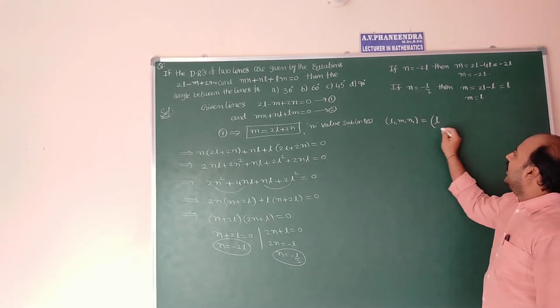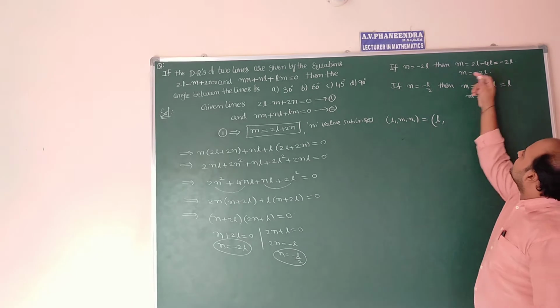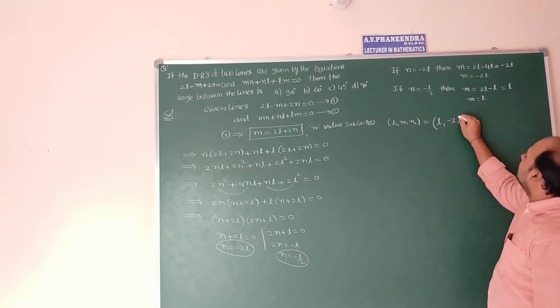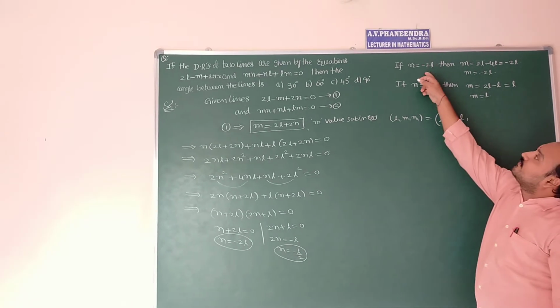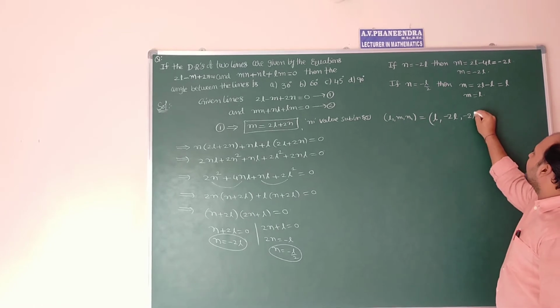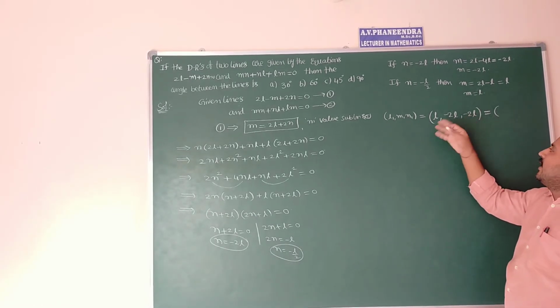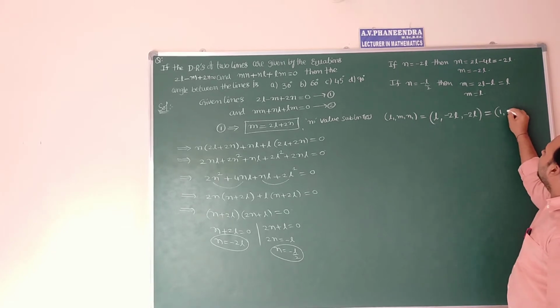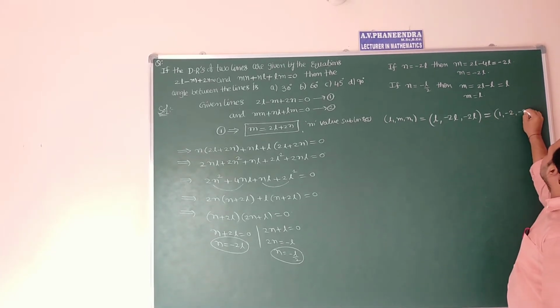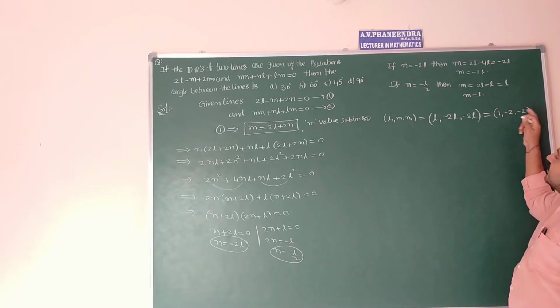So L1 is equal to L, M1 is minus 2L, N1 is minus 2L. In all three terms L is common, dividing by L, it becomes 1, minus 2, minus 2, which are A1, B1, C1.